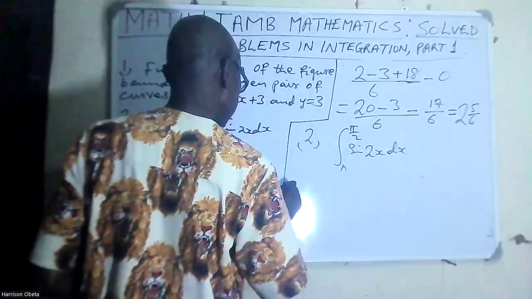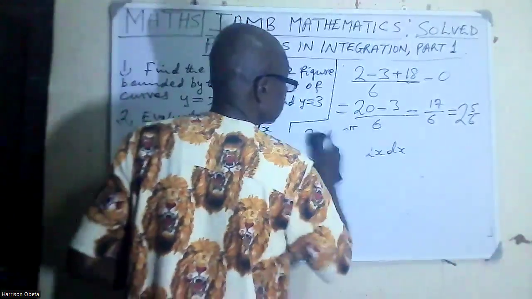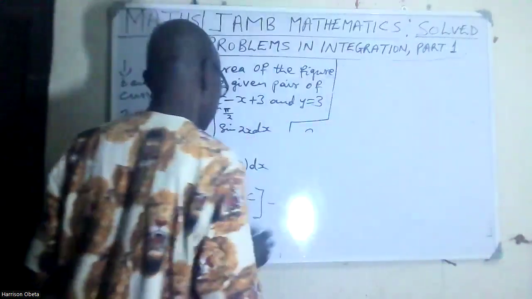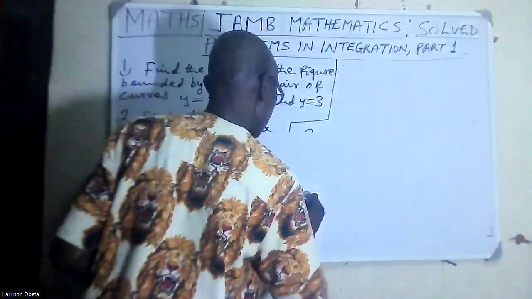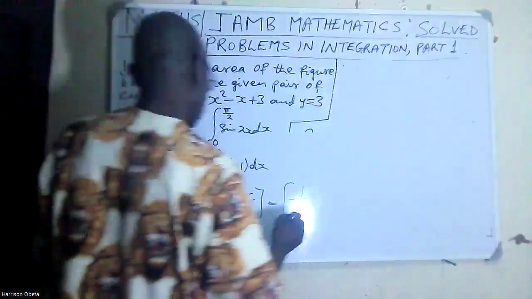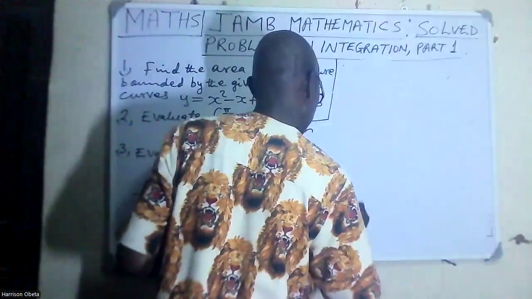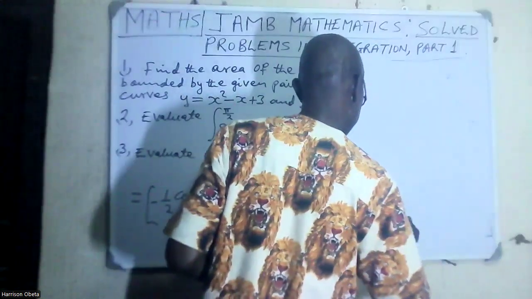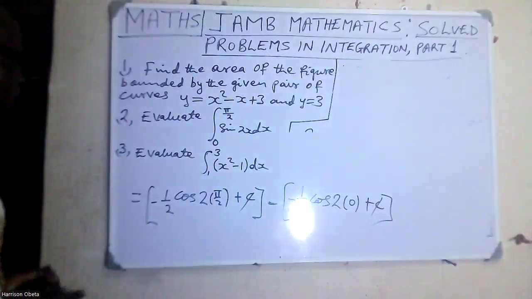Now minus again. Minus brackets minus 1 over 2. You now substitute the lower part, which is 0, cos 2 into 0, then plus c. Again, constant of integration will disappear.